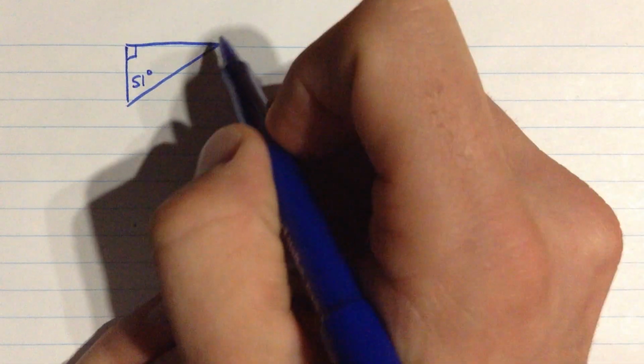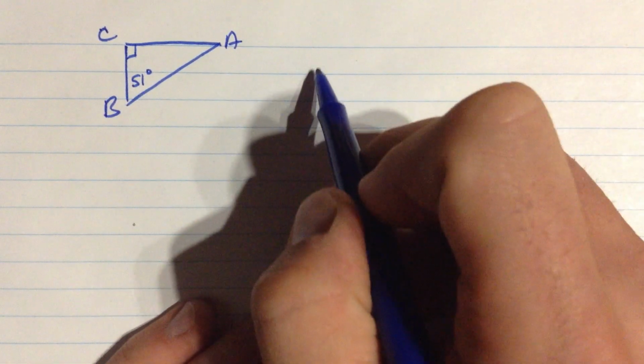So how does this help us? Well, let's say you have a triangle like this one here, and you have a couple of angles that are given, but you need to find the remaining angle. We'll call this triangle ABC.